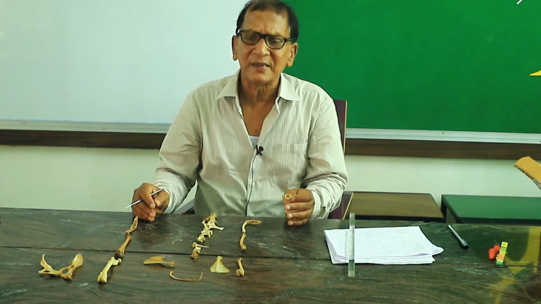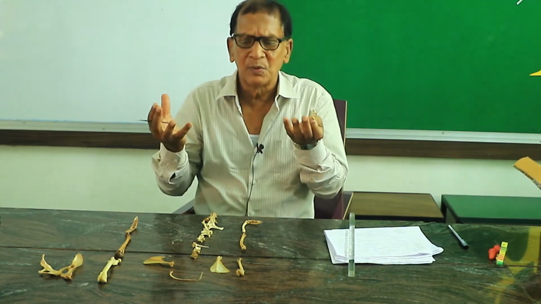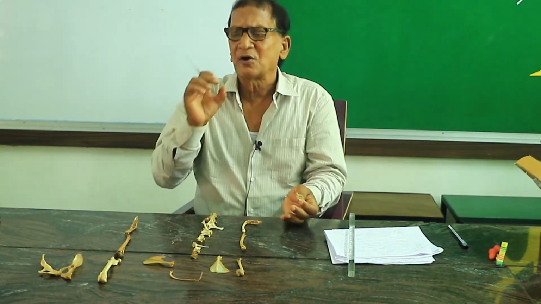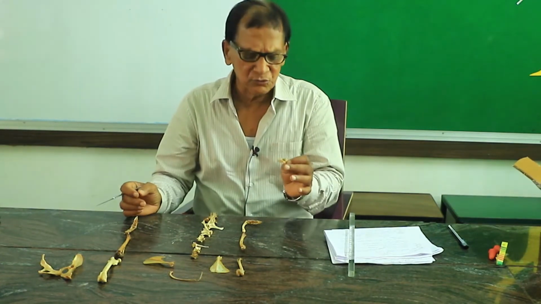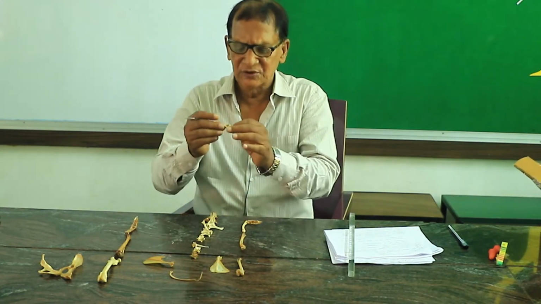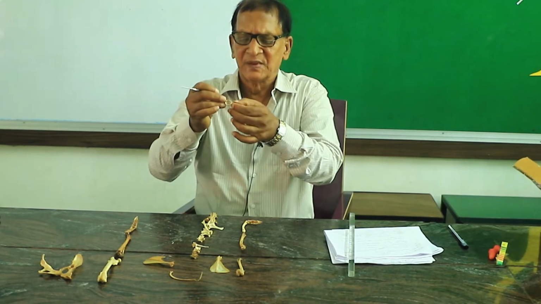The skull at its basal region possesses 2 protuberances, 2 projections. They are called occipital condyles, one on each side, and the 2 occipital condyles are supported on these facets for occipital condyles.